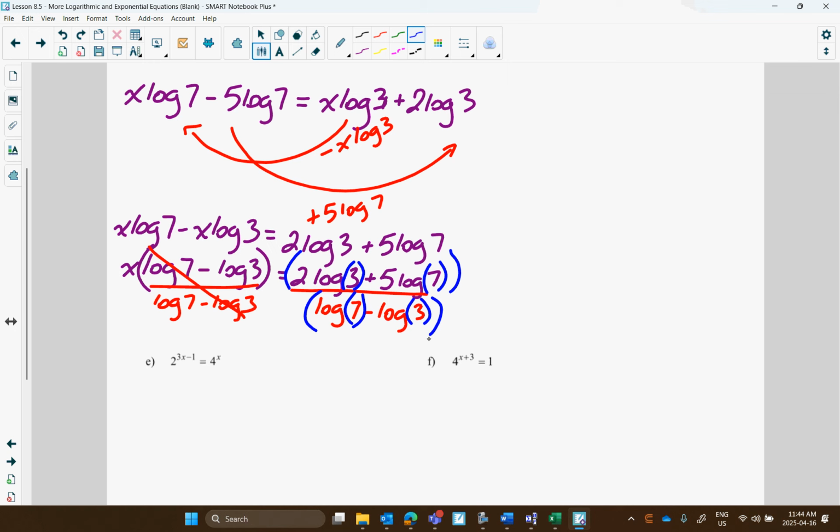I won't give the answer until somebody thinks they have it. What did you get, Doyoung? 14.076. Yep, that's right.